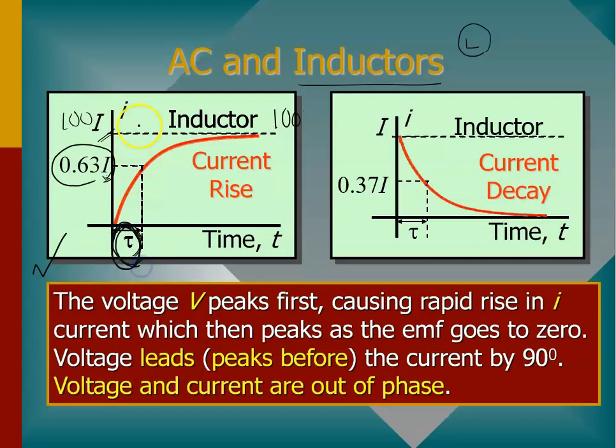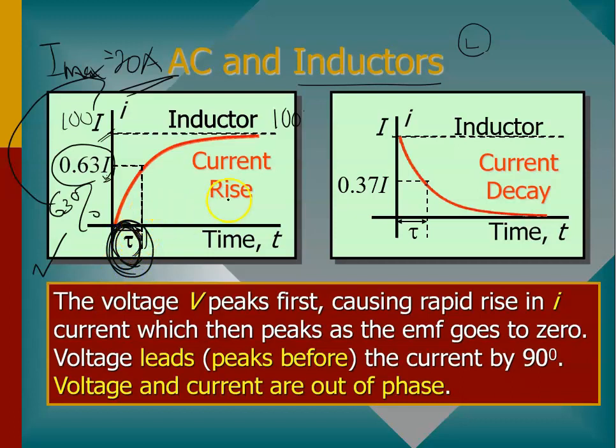Okay, now let's say the maximum current for this particular inductor, because the maximum current contained in inductors actually varies. So let's say this particular inductor has 20 ampere as the maximum current. The time required to reach 63% of this 20 ampere is what we call the time constant.